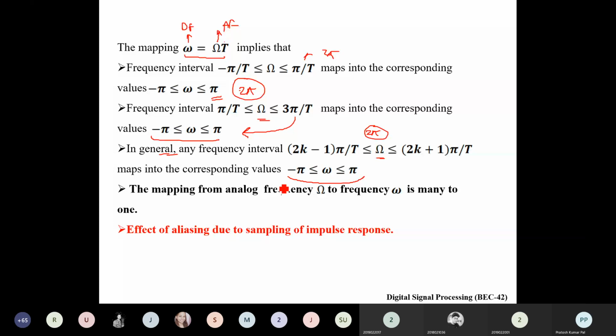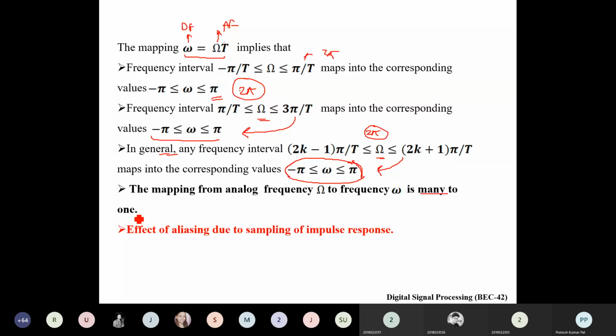So from there we can conclude that the mapping from analog frequency to digital frequency is a many to one mapping. That means many different analog frequencies will be mapped to one range of frequencies, minus pi to pi, in the digital form.